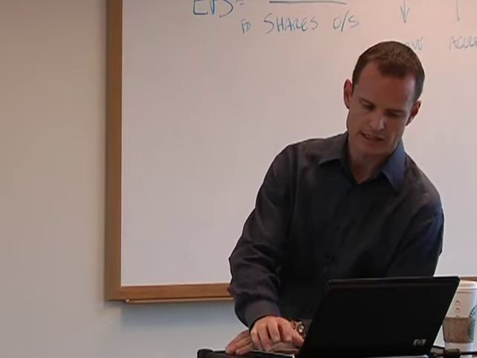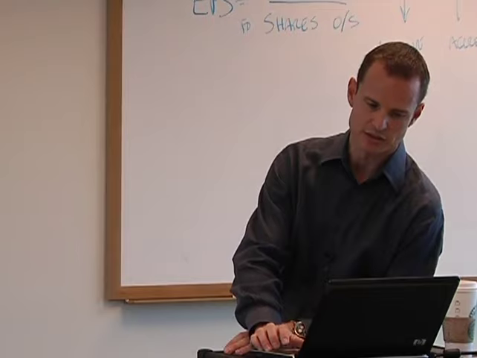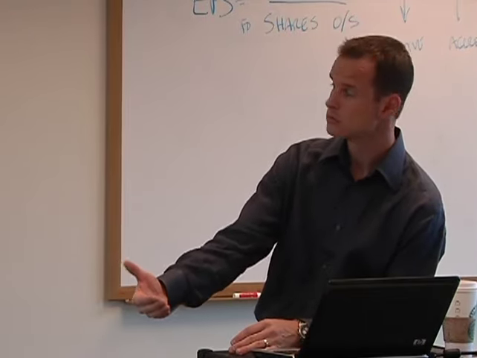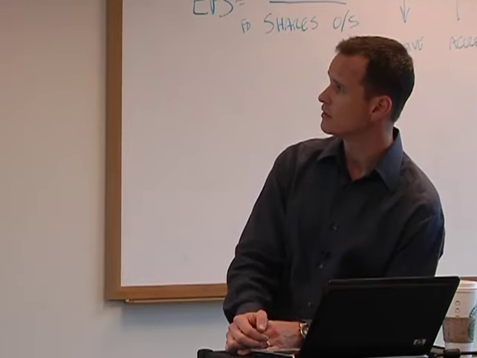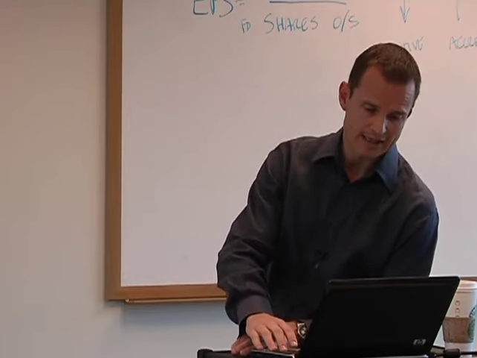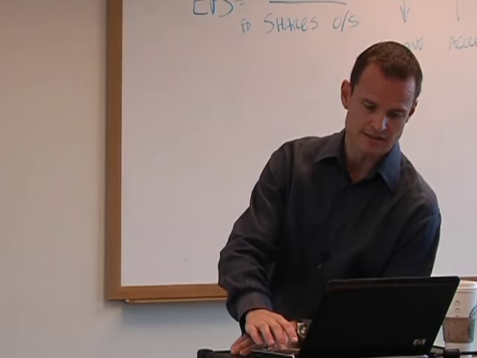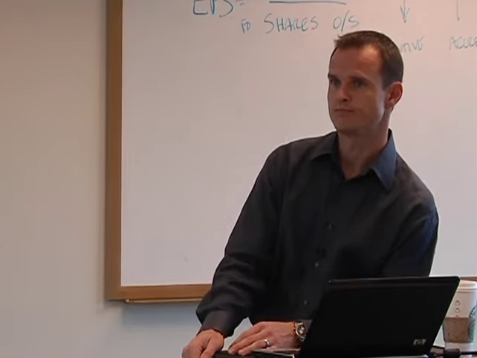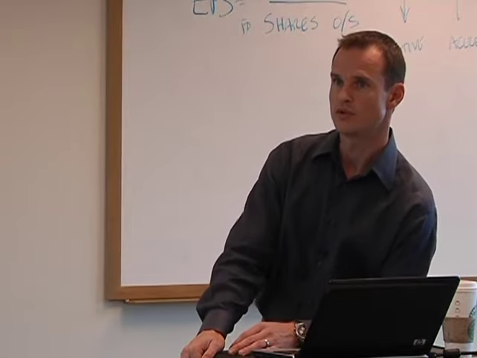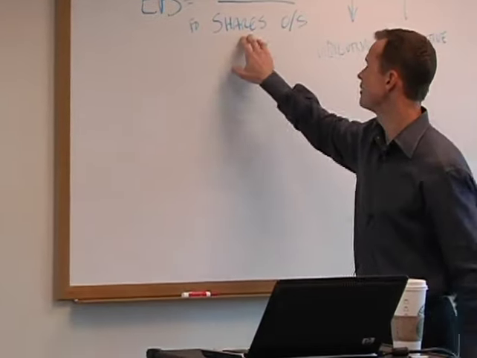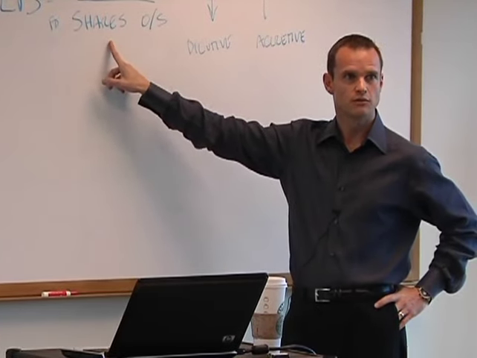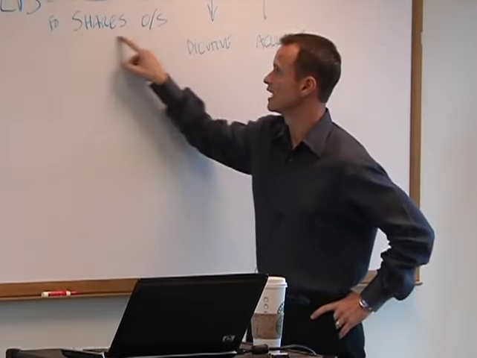The way we calculated that is we took how many shares of Kraft are outstanding now, before the deal, 1.475 billion, and added to that the 549.6 million that they issue. That's our pro forma share count. So at this point, we now have the denominator in our earnings per share calculation. We know how many shares are going to be outstanding after the deal.